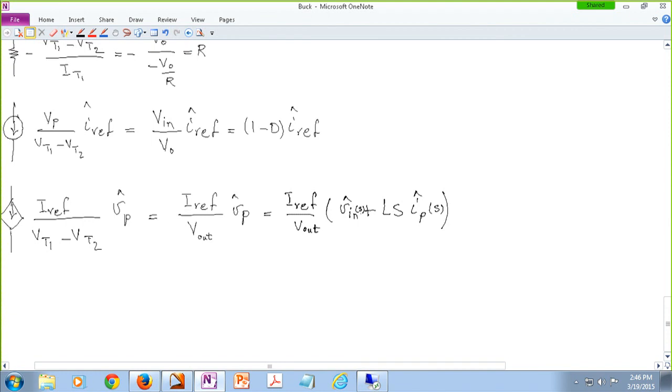Okay, something like this. I can break it down into two terms. One of them is times V in perturbed plus, and remember IP perturbed and IREF perturbed are the same because we are doing current mode control, so we are looking at IREF over V out times L times S times IREF.